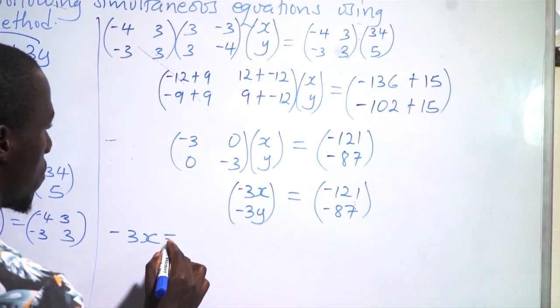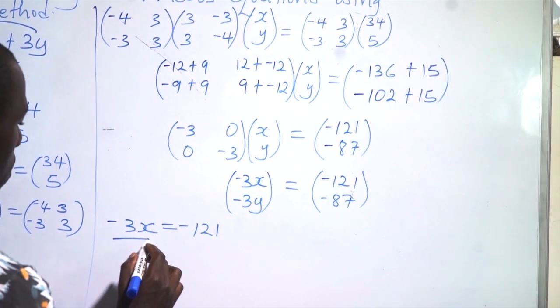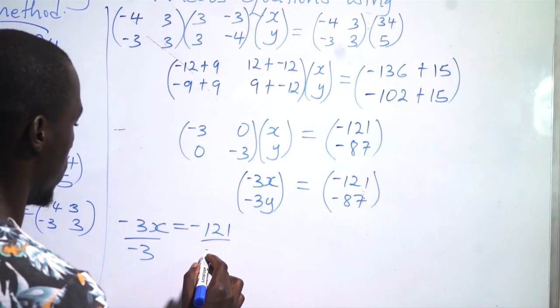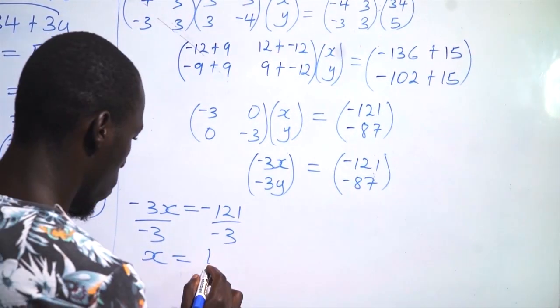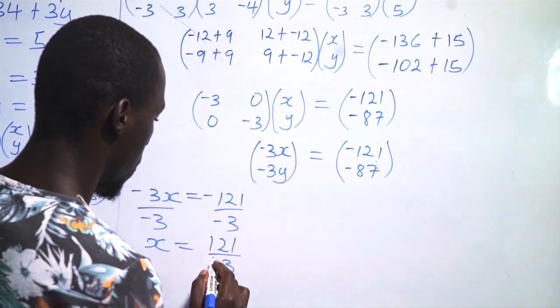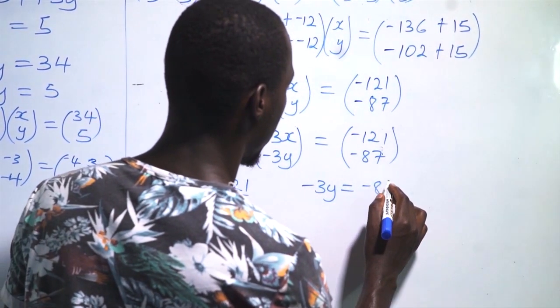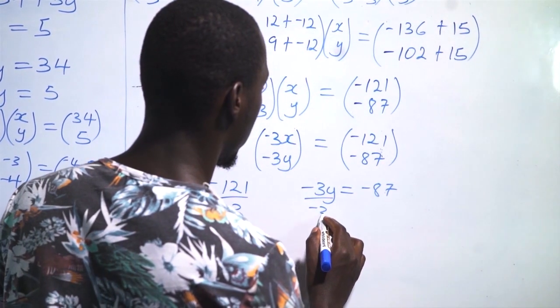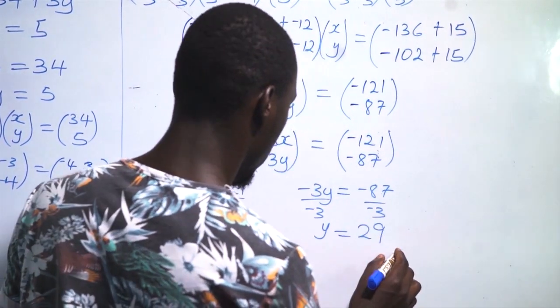Negative 3x is equivalent to negative 121. Then divide both sides by negative 3. So I get the x value as 121 all over 3. Then here negative 3y is equivalent to negative 87. Divide both sides by negative 3. I get y as 29.